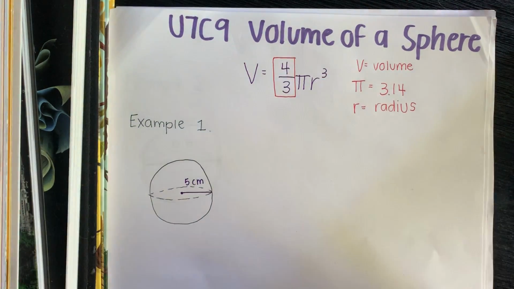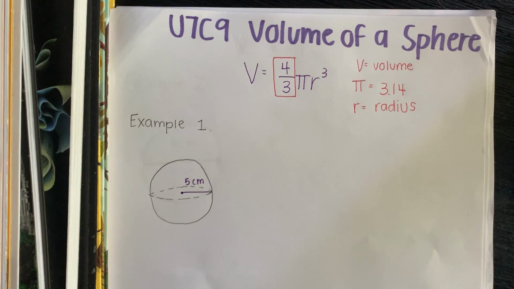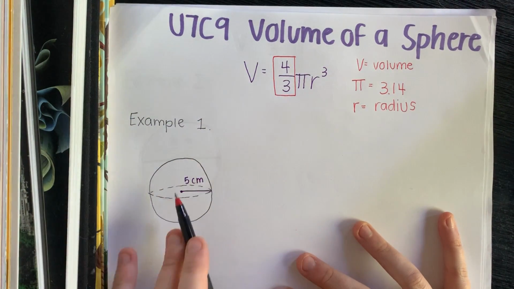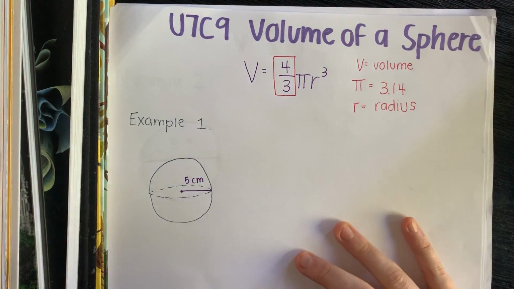Okay, so we are gonna do an example together. In our first example, I want to make sure that everybody has a calculator out in front of them. So for my first example, we are going to rewrite this formula, but with the information that we have.